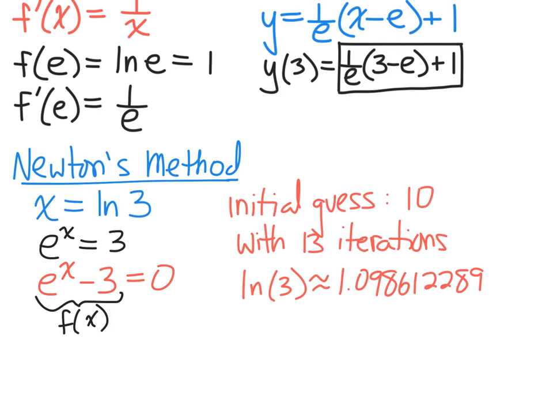All right, so the benefit of Newton's method is that you get a more accurate answer, because if I type in ln of 3, I get the same number. So you're getting accuracy, but you're getting a lack of exactitude. It's a weird thing to say, because isn't this more exact than that? Well, this is an exact expression, and there's no rounding at all.